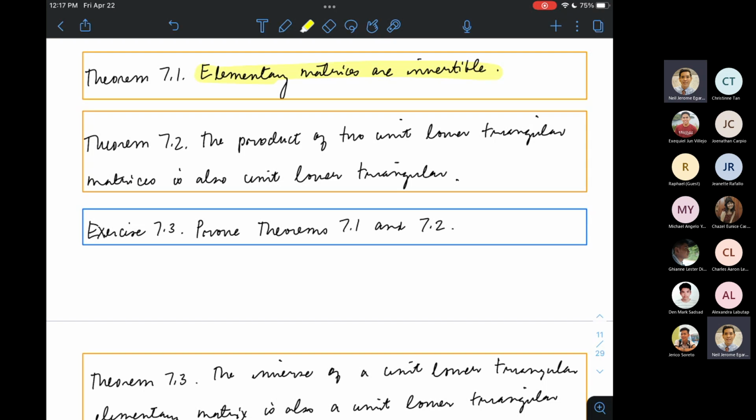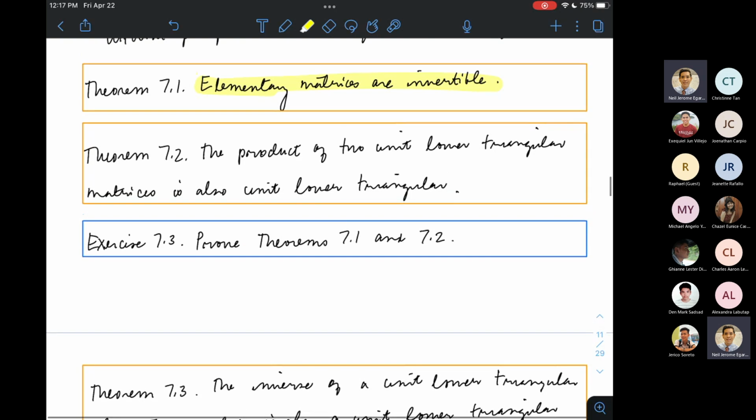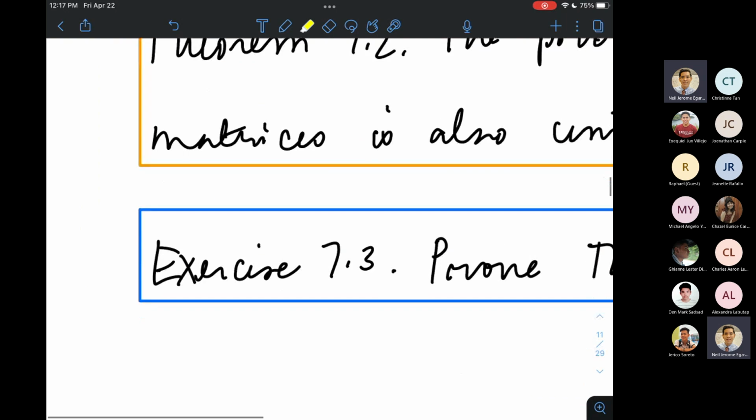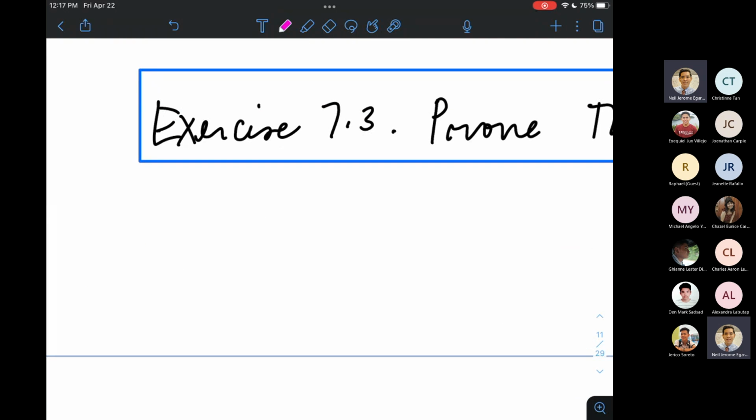Okay? Pero yon, lahat ng elementary matrices ay invertible. Tapos, maybe before I go to theorem 7.2, maybe I'll say something about the inverse of a product. Okay. Halimbawa, meron akong matrix A na square matrix, matrix of the same dimension si B.